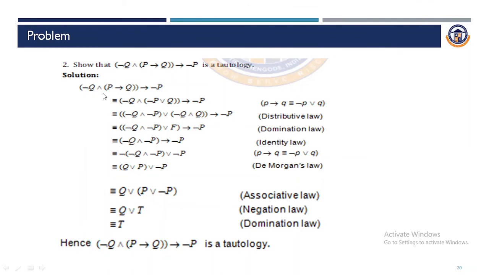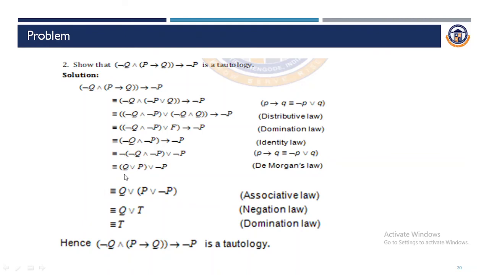So negation Q and P conditional Q, conditional negation P, which is equivalent to, eliminate the conditional by negation P or Q form, right, using distributive law. The next step, negation Q and Q is identity law, false, right. Next one, negation Q and negation P, conditional negation P, again eliminate the conditional by using this law, negation P or Q. So that is equal to this one.